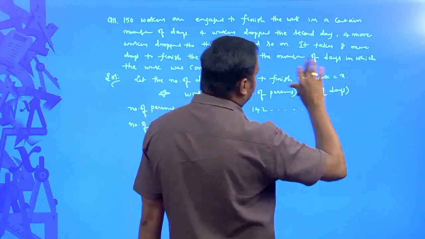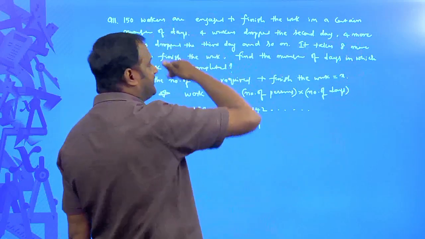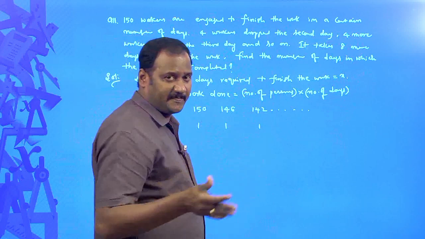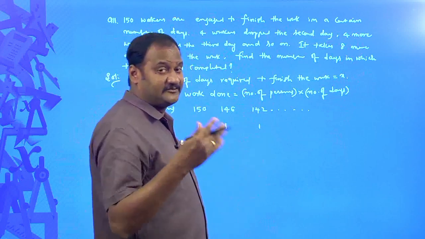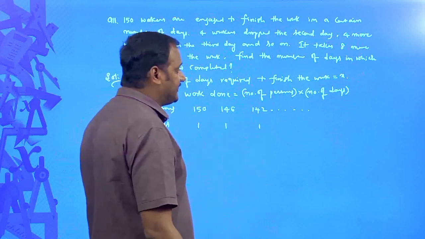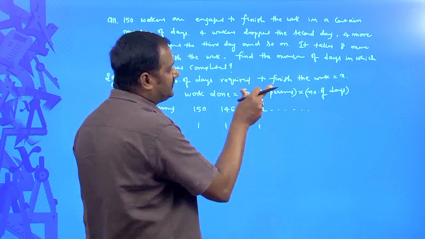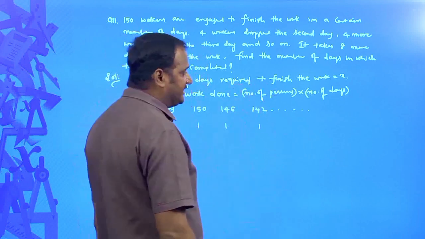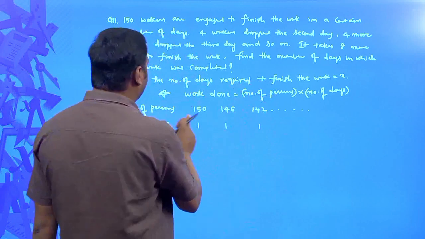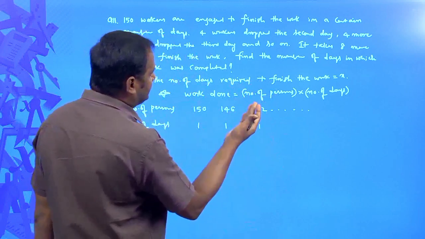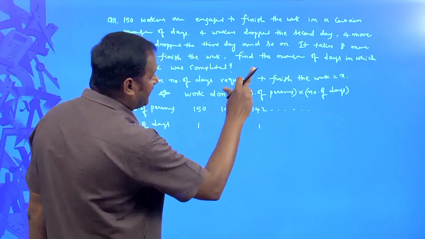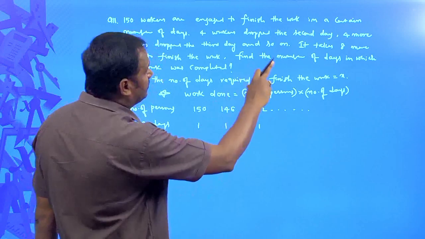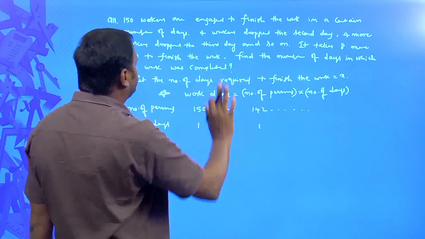Within x days the work has to be completed if 150 workers are engaged throughout the work period, but since 4 are decreasing, how many workers will be there and how many working days will be there? See here, the number of persons we do not know, but how many working days will be there? 8 more days to finish the work.